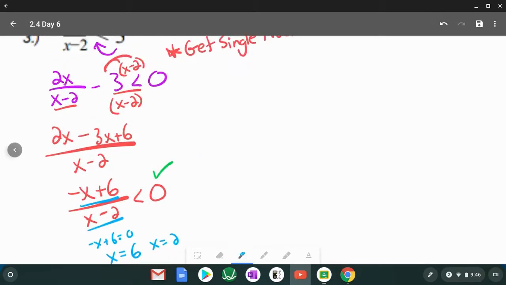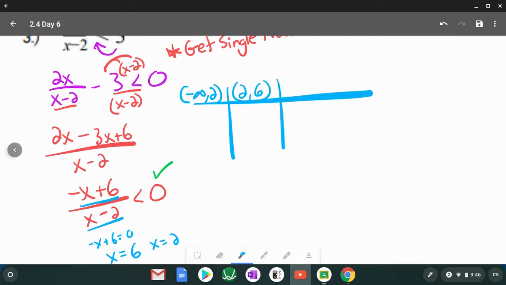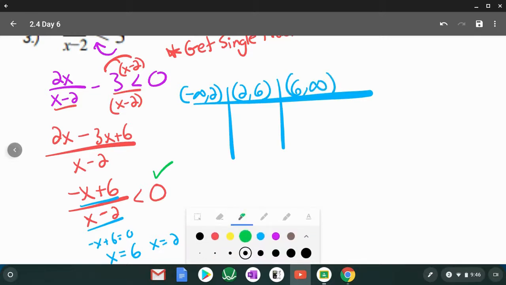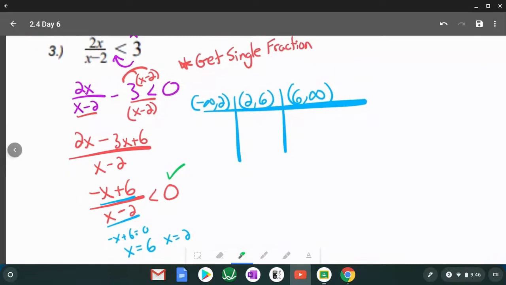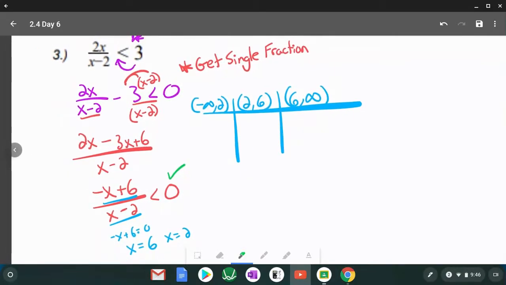So our key numbers are 6 and 2. So negative infinity to 2, not including it. And then 2 to 6. And then 6 to infinity. Plug in 0, 3, 7.